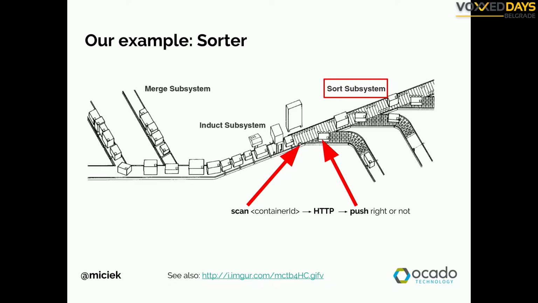For example, should it go forward or should it turn right? And as you imagine, this needs to be nicely timed, right? So this has some upper boundaries on time. And yeah, this is the example that I want to implement. Any questions about the example? Just raise your hand or shout.